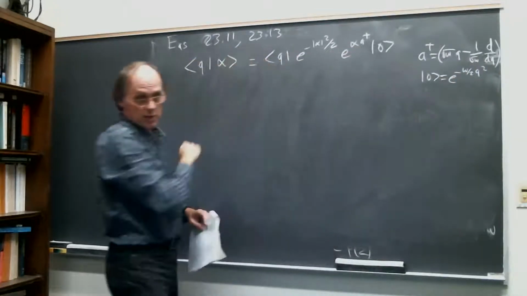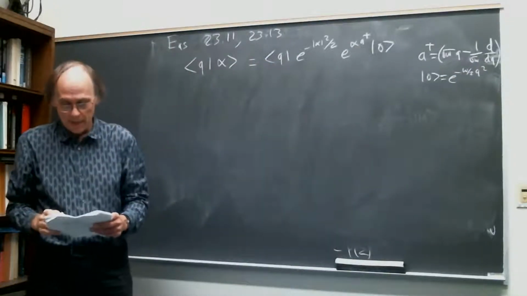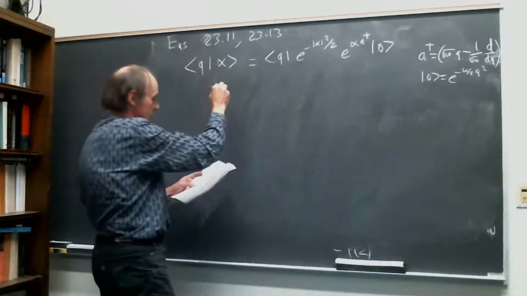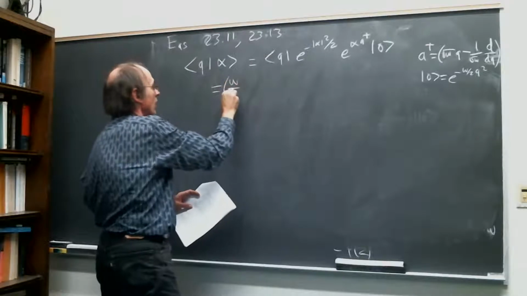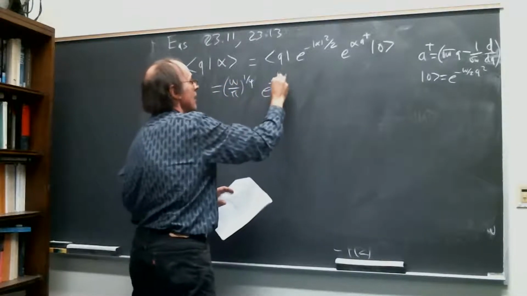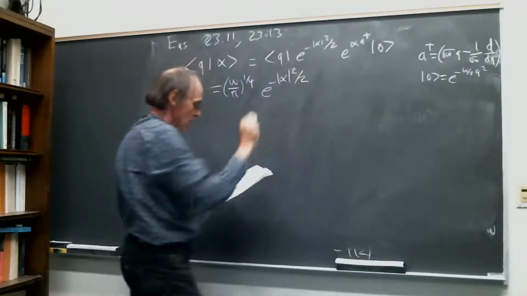You could do this calculation and you end up with a slight mess: there's an omega over pi to the quarter, and there's an e to the minus alpha squared over 2.